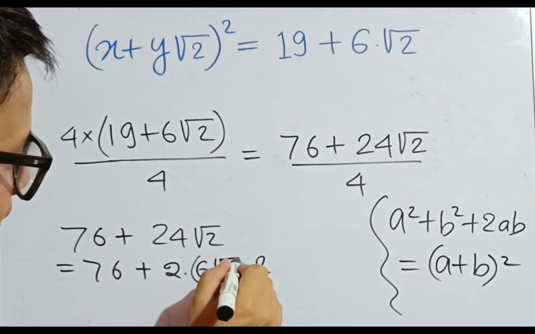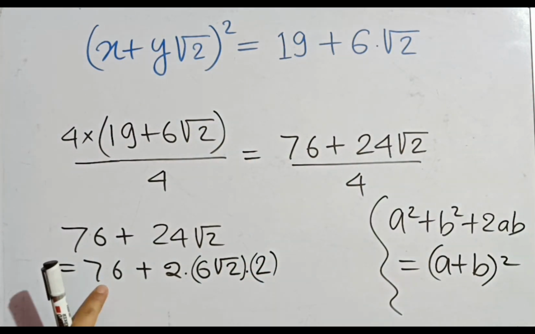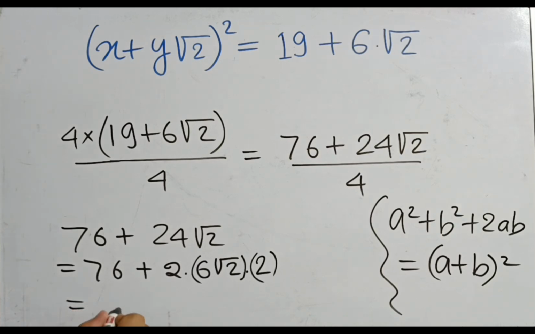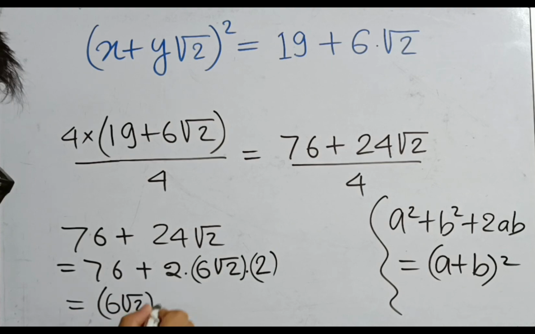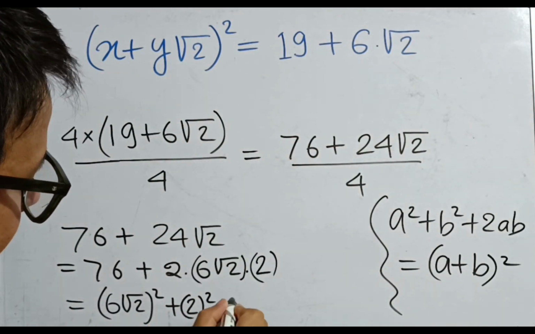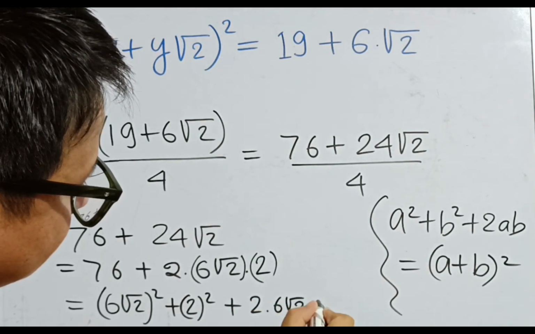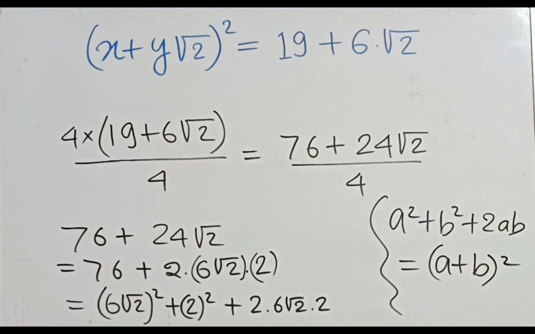Now if we consider 6√2 as one number and 2 as another number, we can express 76 as the sum of the squares of these two numbers. So for 76 we can write (6√2)² + 2², and there is 2 into 6√2 into 2. Now we can see that this is in the form of a² + b² + 2ab.